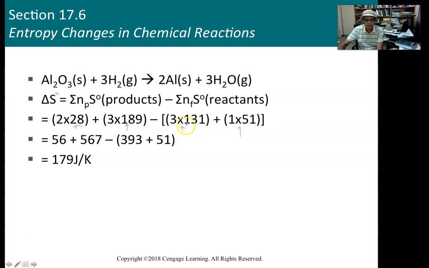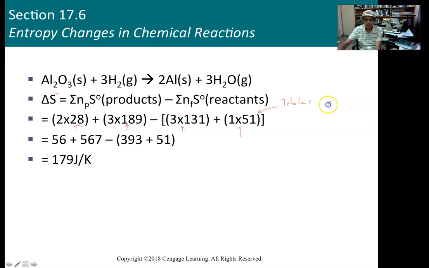Let me just backtrack on that. So the products are this: 2 aluminum, 2 times 28, 3 water, 3 times 189. And for the reactants, 1 times 51, that's aluminum oxide, and 3 times 131 for hydrogen. So these are the values that are obtained from the tables in the literature.